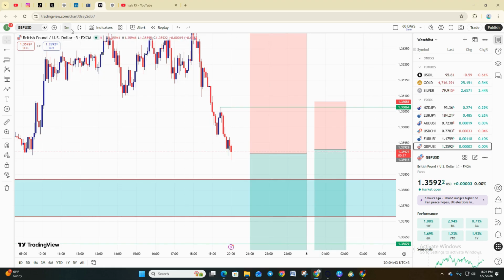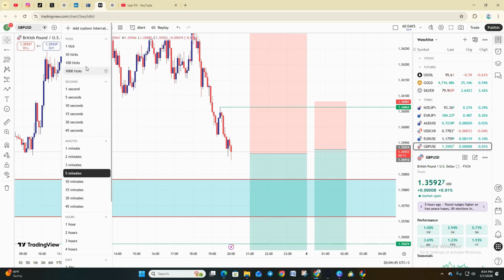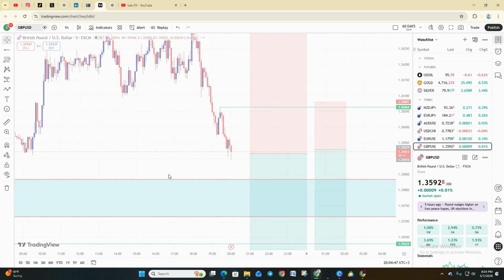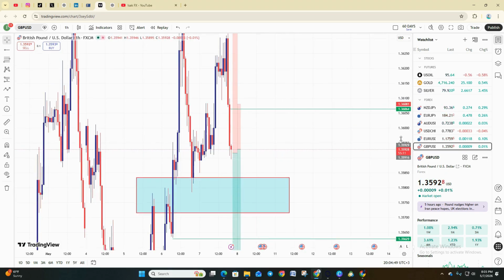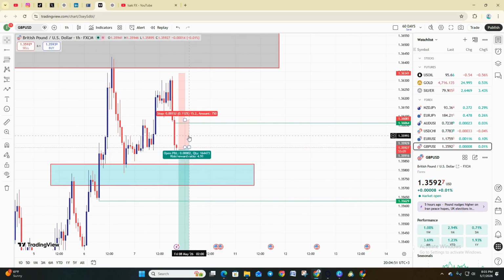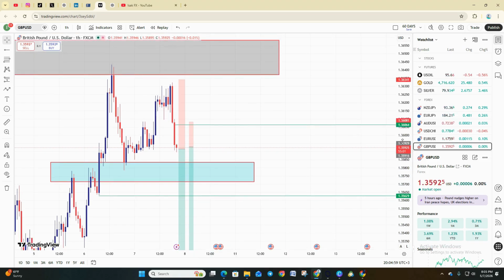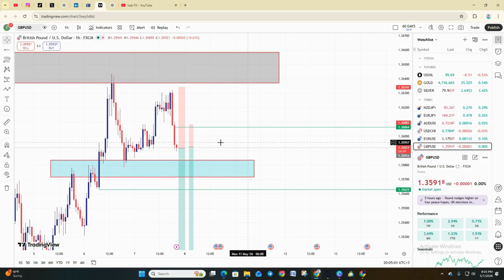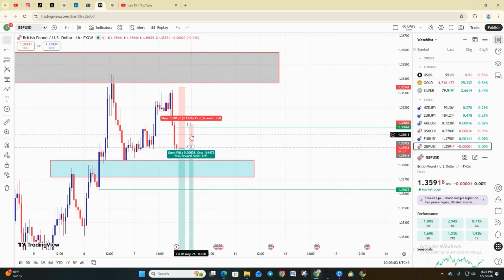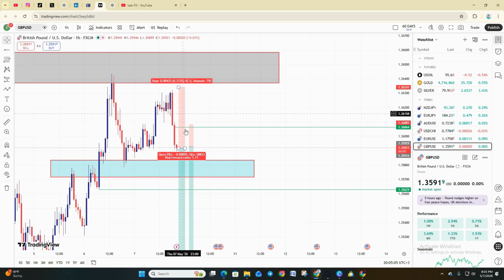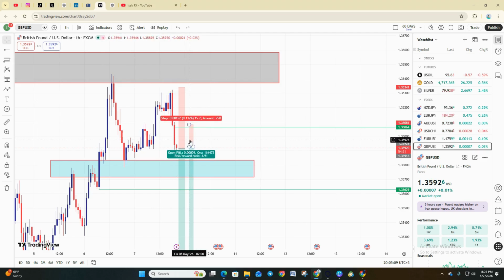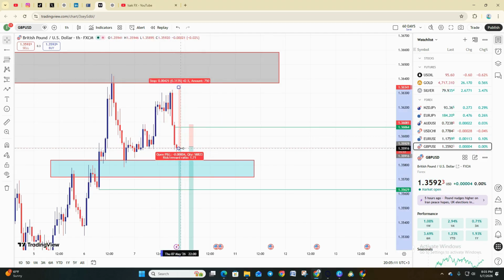So to recap my positions, the first trade I took was on the 1 hour time frame. This is safer than the second trade I took. So in fact, on the 1 hour time frame, I will add another position.